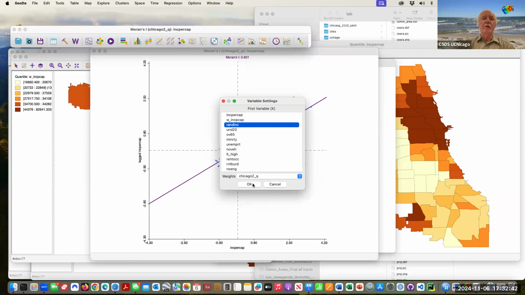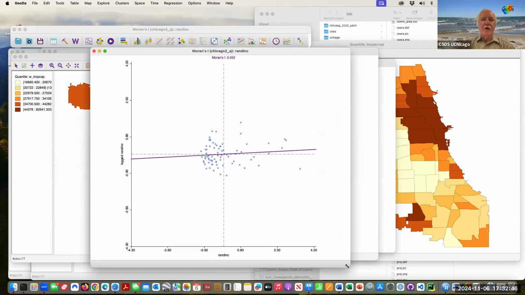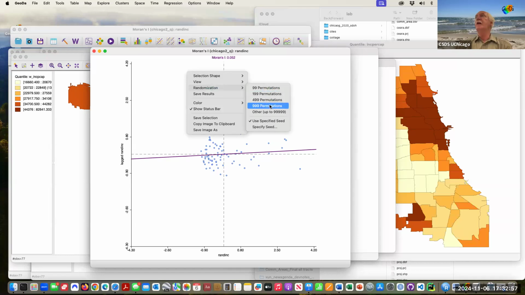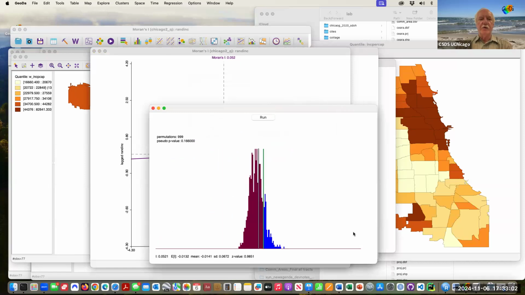So we pick the random one, same weights, do okay, and we get this little flattish line. We go randomization 999, and we get a totally different distribution.